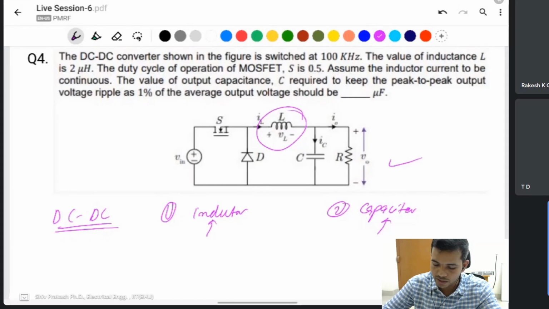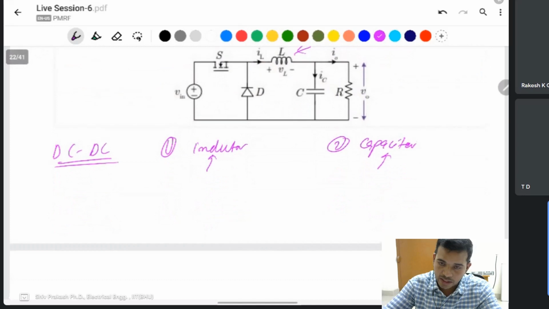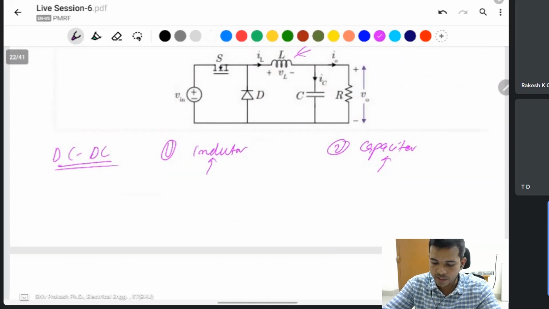If these two things do not happen, then you can't use the DC-DC converter. If flux is not balanced, it means you charge the inductor and the energy will be stored in the next cycle also.